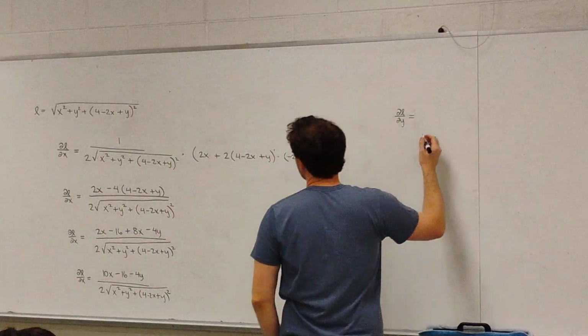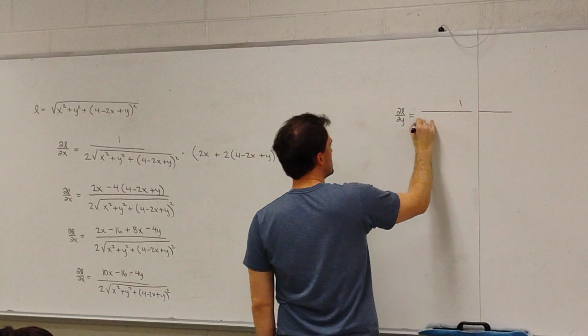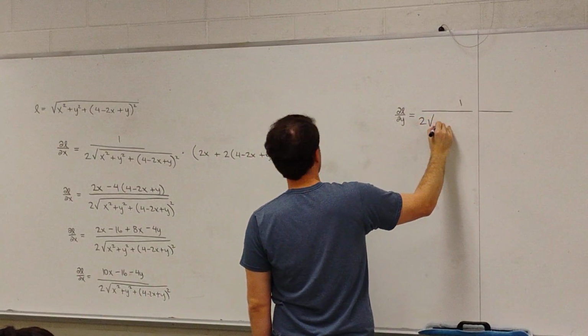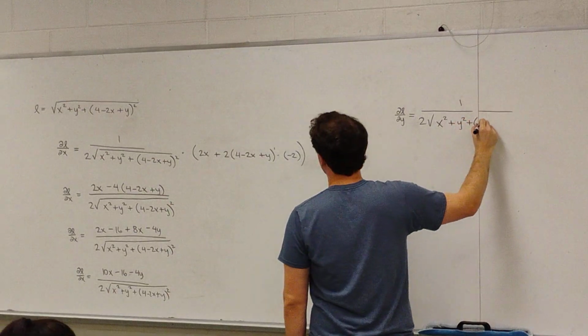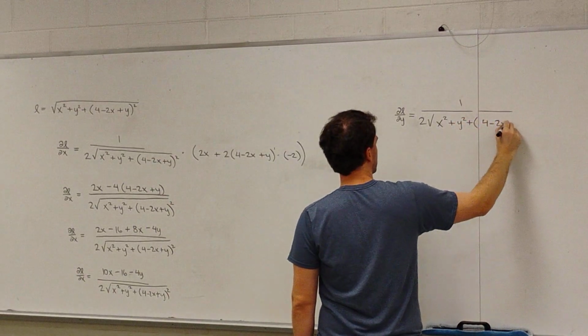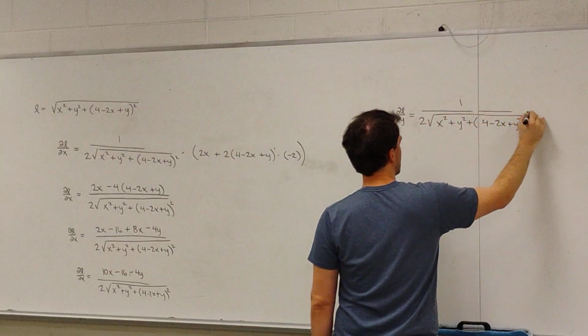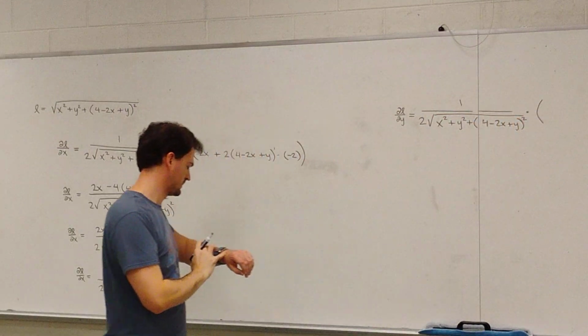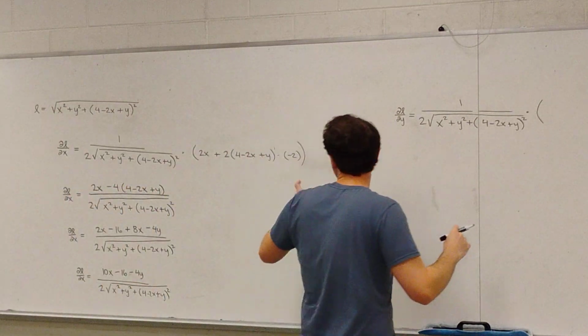Derivative of square root of something, I've got 1 over 2 square root of something, times derivative of the inside.